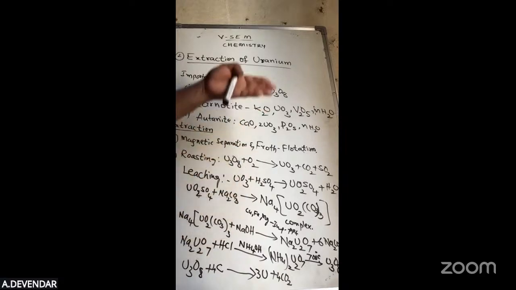You have to remember the formulas, and the extraction has 7-8 steps: concentration, roasting, leaching, treated with sodium carbonate, the complex is treated with the base sodium hydroxide, and it is dissolved in the HCl, then treated with ammonium hydroxide, then that is heated up to 700 degrees Celsius. The obtained pitchblende undergoes treatment in the electric arc furnace with the help of the coke. We are getting uranium. Okay, these are the methods present in the extraction of the uranium.